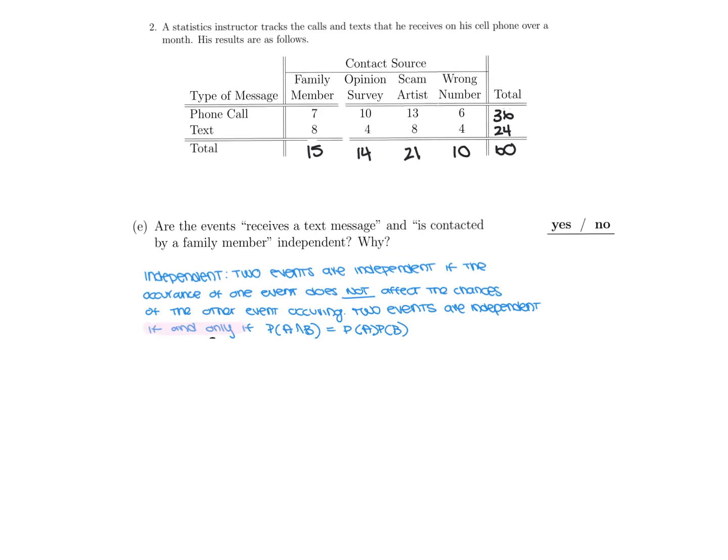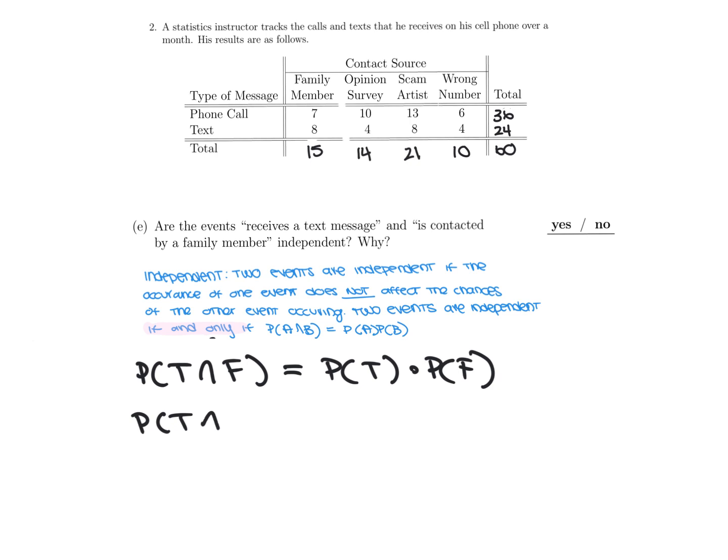To set up this equation, we are going to find if P(T and F) equals P(T) times P(F). First, let's find out what P(T and F) equals.